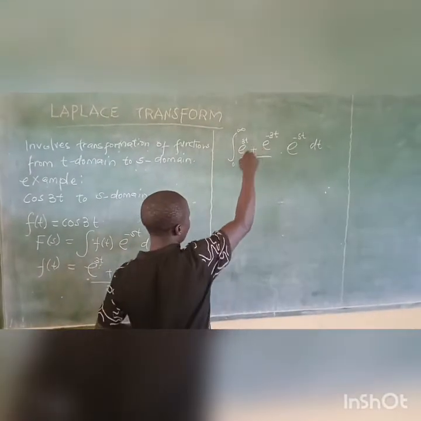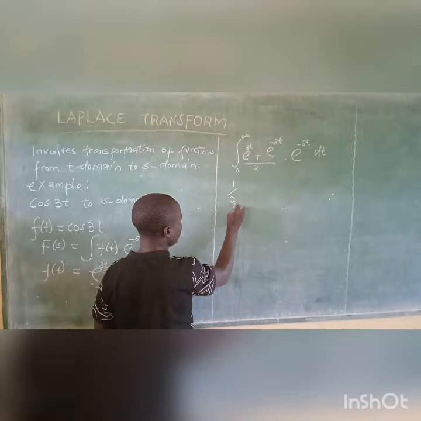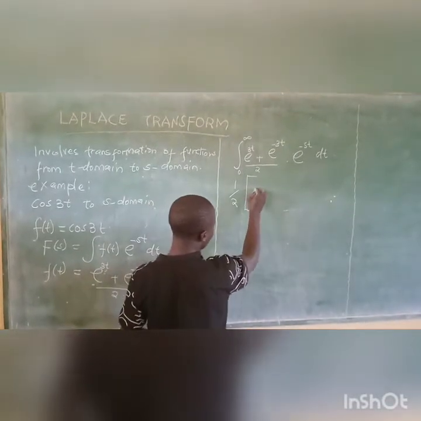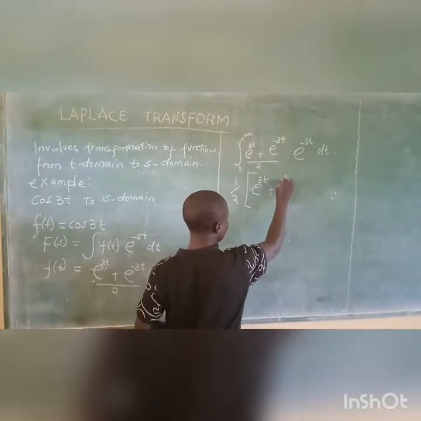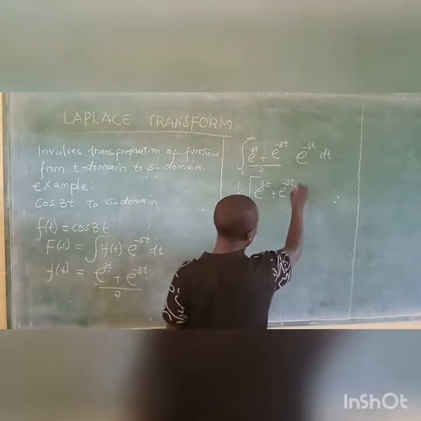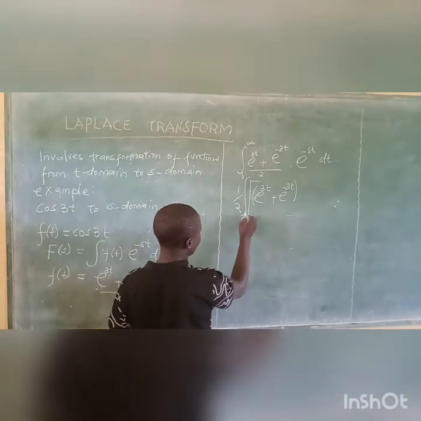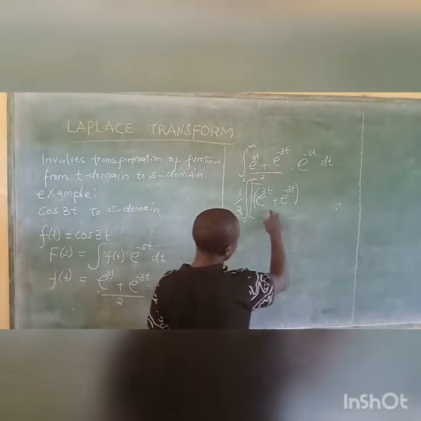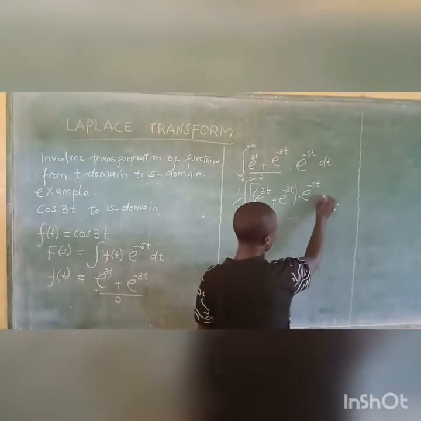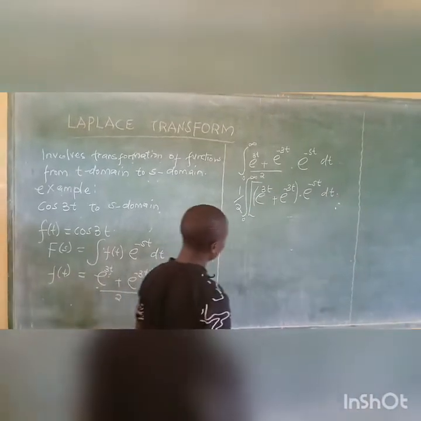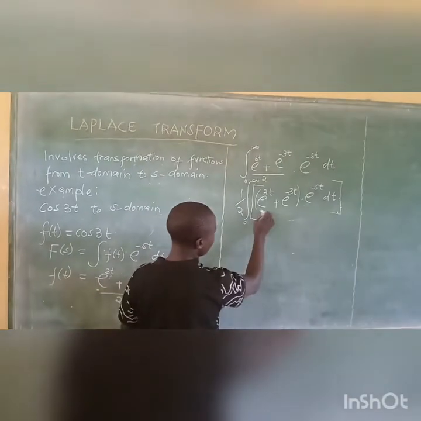So this is a half, remove it outside the bracket, so it will be a half by exponential 3t plus exponential negative 3t multiplied by exponential negative st with respect to t, integrating from 0 to infinity. There is a way you can write it so that you break this one and this one.